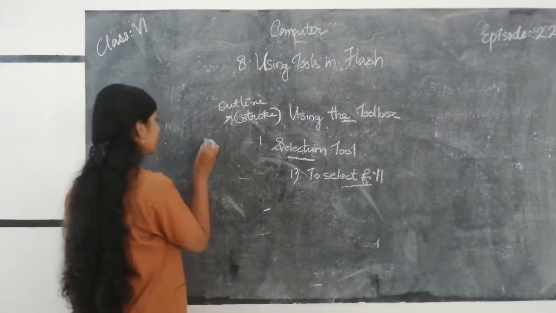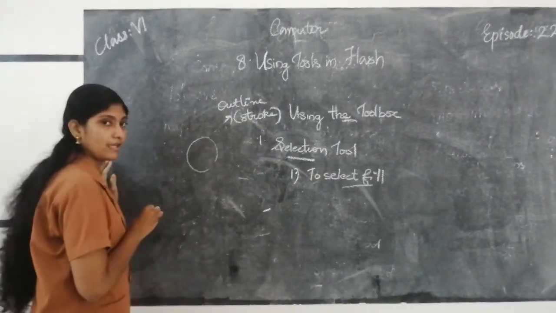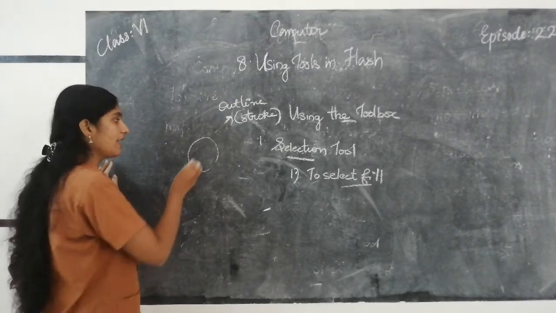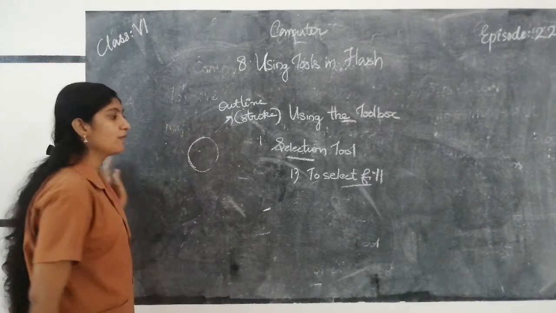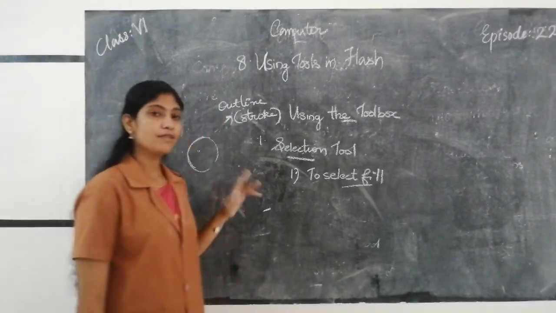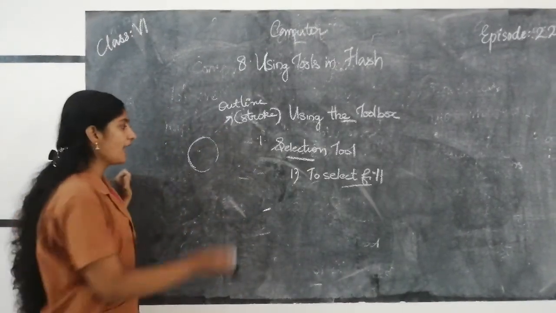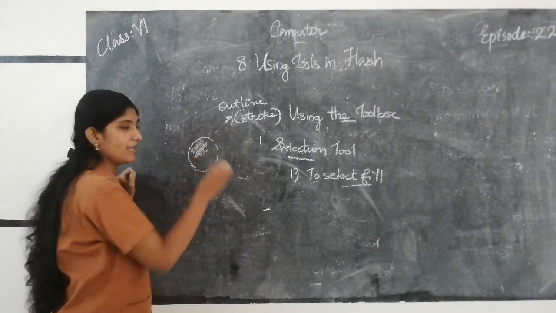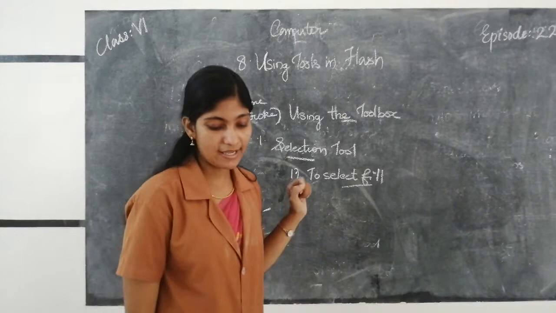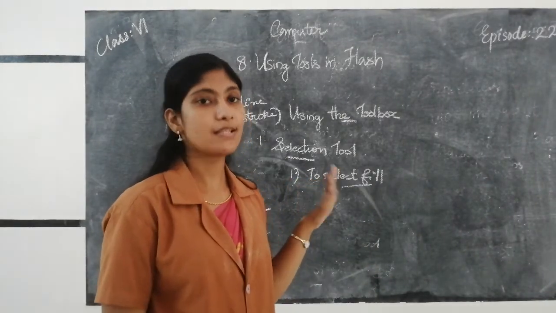Click on the fill means, here is the content you created, this is the outline part and this is the filled part. If you want to select the filled part, first go to the selection tool and click the filled area. Then the filled area of the object will be selected.